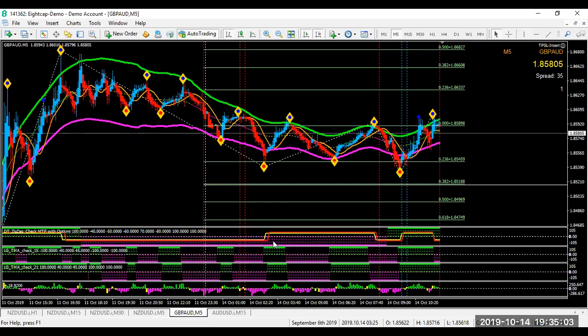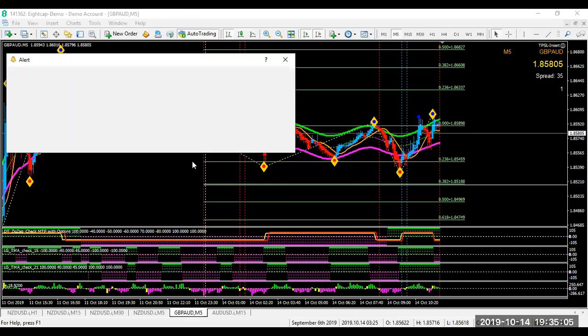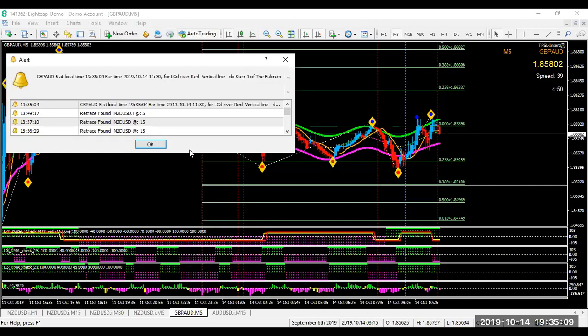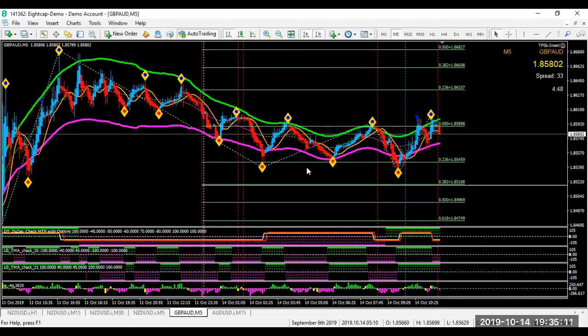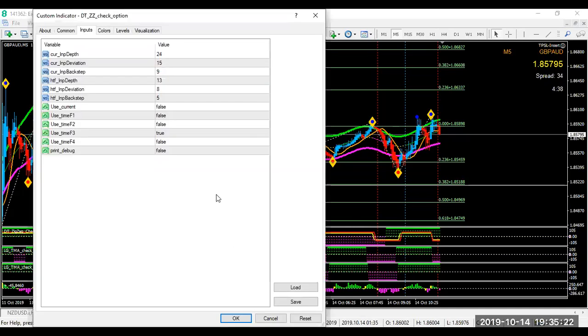So in Pip Harvester, we are virtually looking at the mini highs and lows of higher time frames. Okay, so for the 5 minutes, we're looking at the 4 hours.